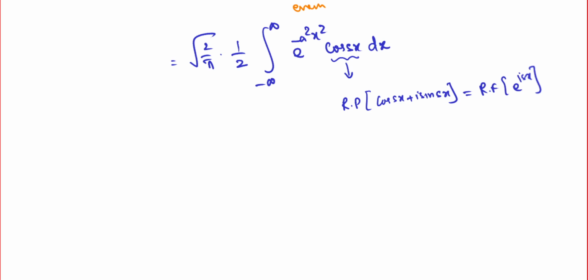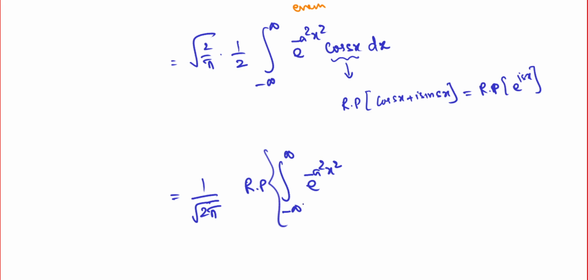Since integration and real part go well together, I can cancel the root 2 and write this as 1 by root 2 pi into the real part of the integral from minus infinity to infinity of e to the power minus a square x square into e to the power isx into dx. Remember, I took the real part outside here.